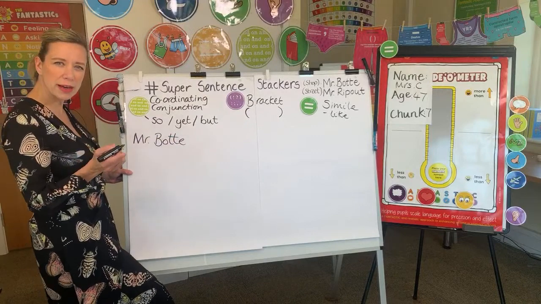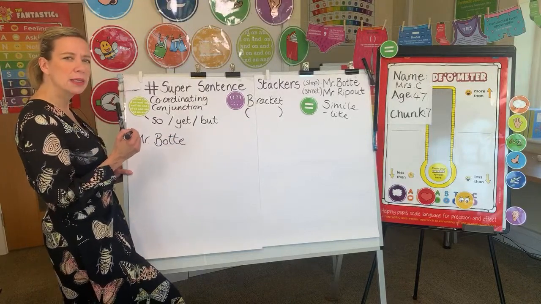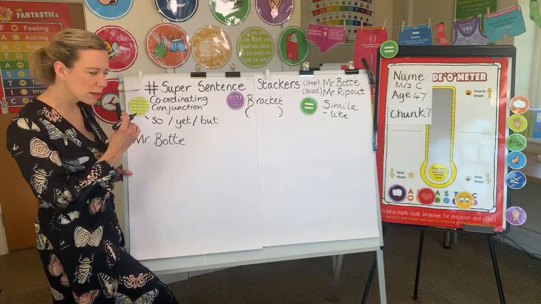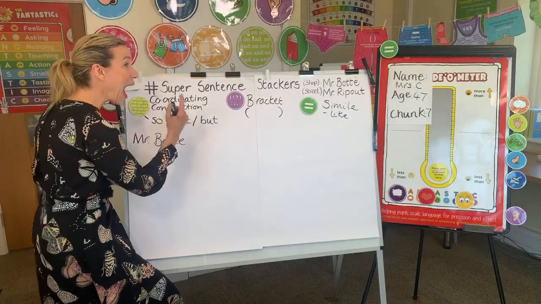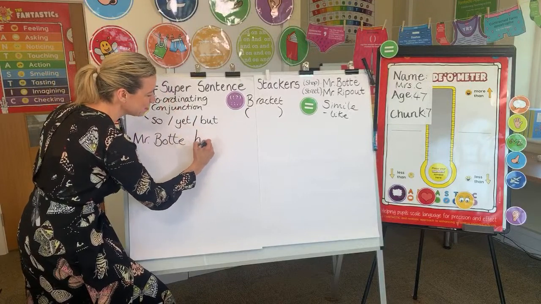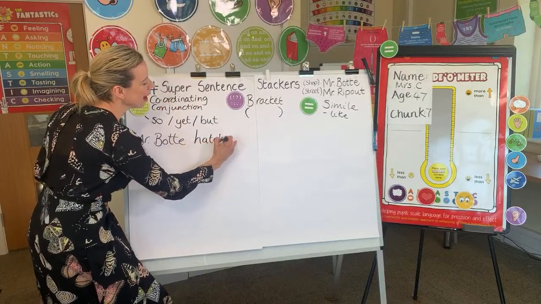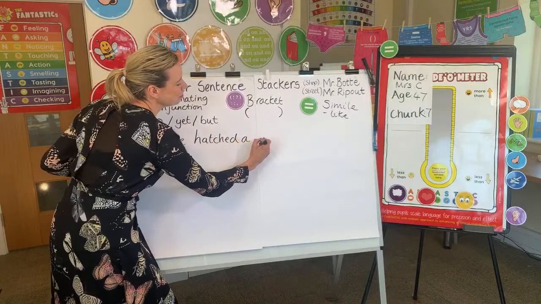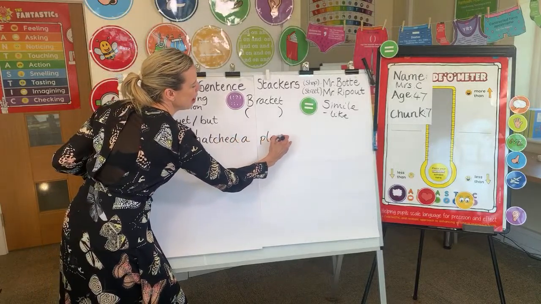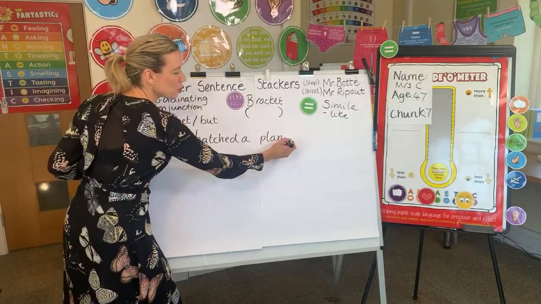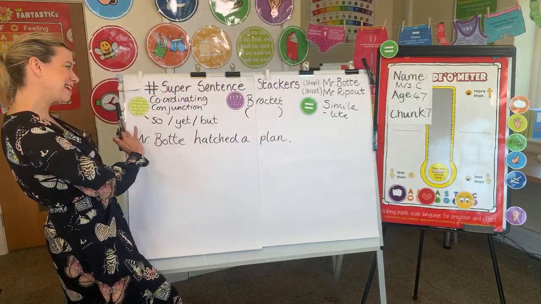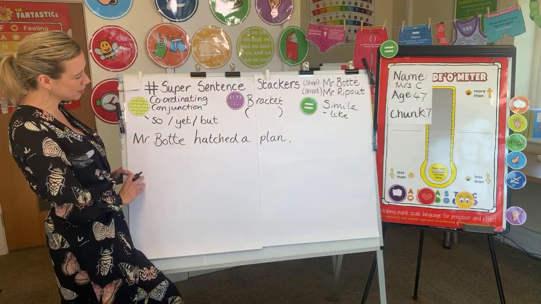But before that, he comes up with a plan. I probably need a more precise word than "comes up." Mr. Bot hatched, that's the word, hatched a plan. Hatched a plan. I'm going to put a full stop there. I think that's a really clear and concise sentence.